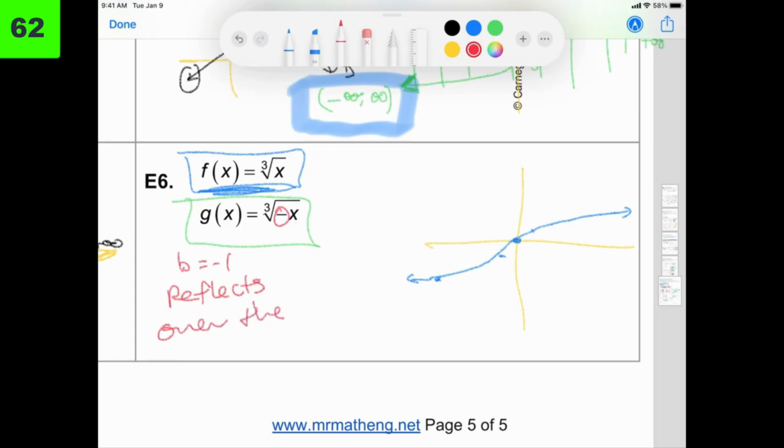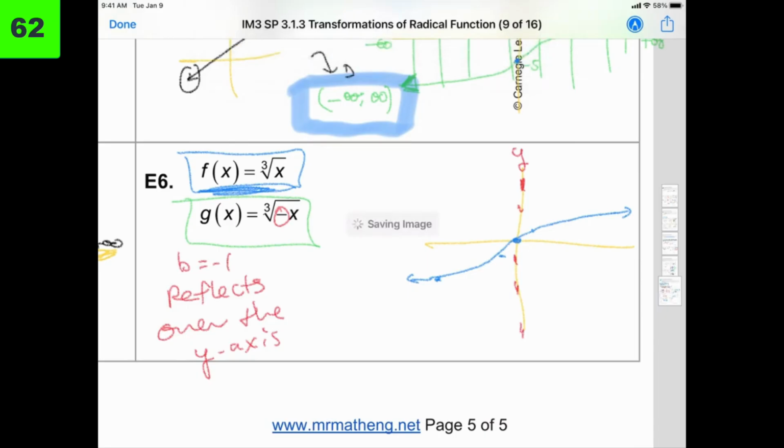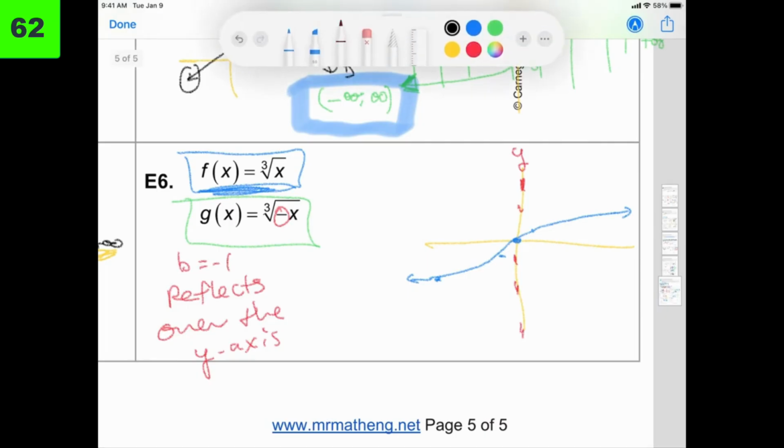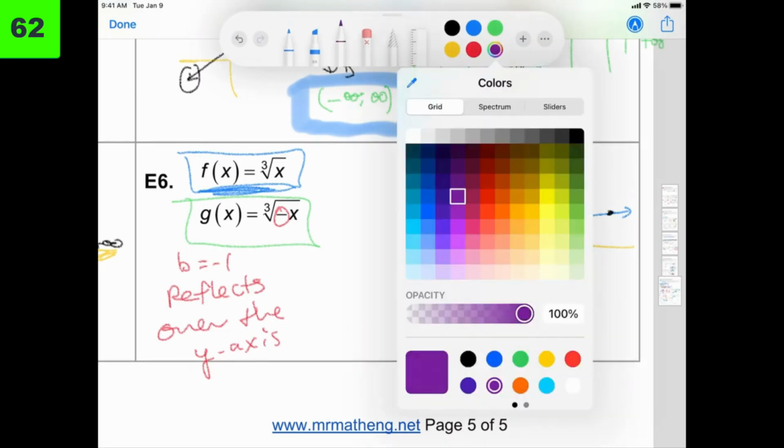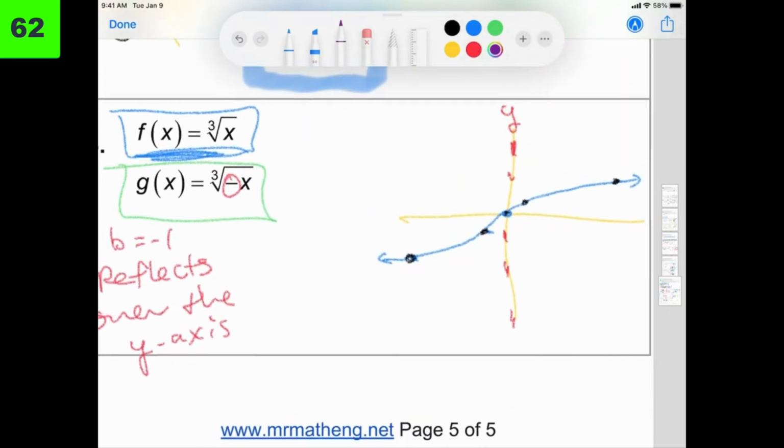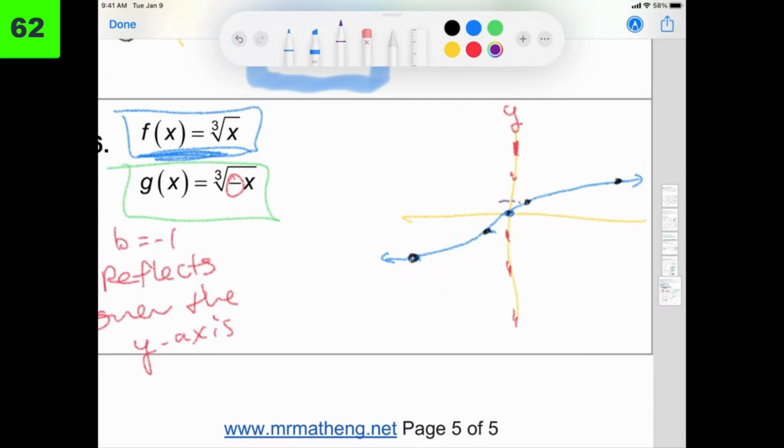over the y-axis. So what we've been working on is characteristics to letters or letters to characteristics, right? And here's my y. So my graph now is going to bounce over that one. Let me get some reference points, really dark, so you can kind of see these. Let's do my color purple. So each of the points now are kind of going across, right?